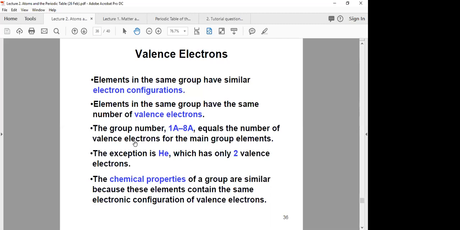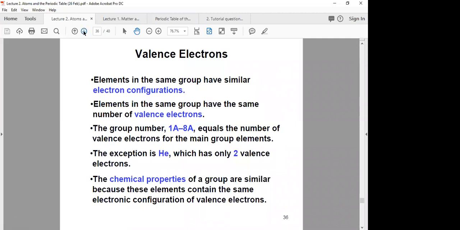We can apply this rule. And there is an exception to this rule. The exception here is helium, which is found in group 8A, but it doesn't have 8 valence electrons like the others in that group. It only has 2 valence electrons. And the chemical properties of the elements in a particular group are similar because they have the same electronic configuration of valence electrons.